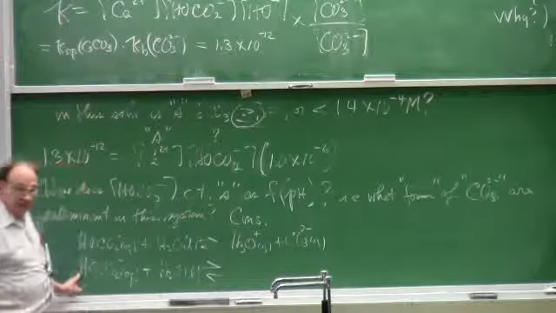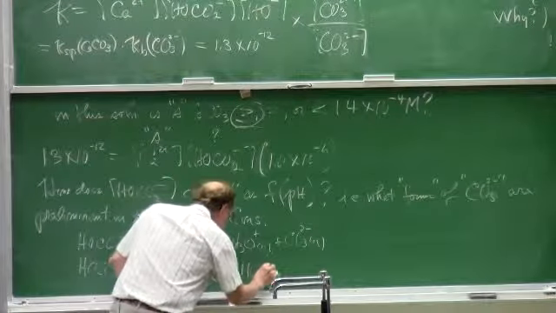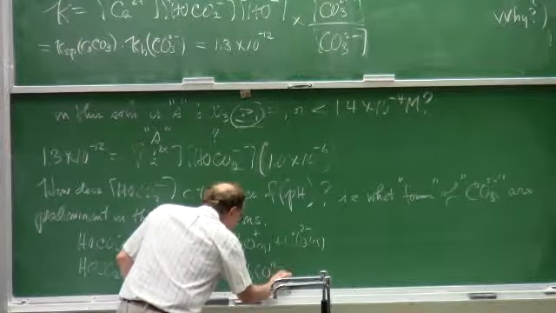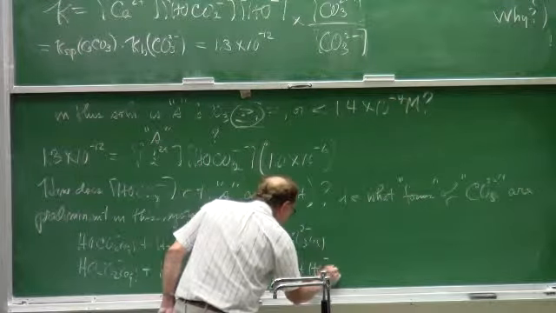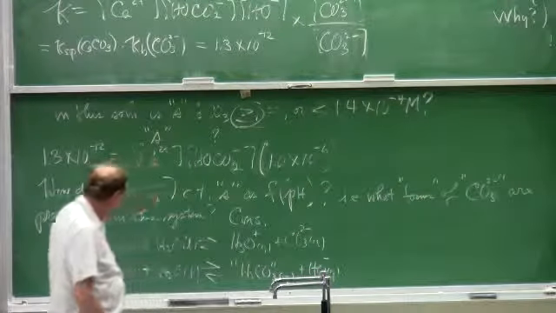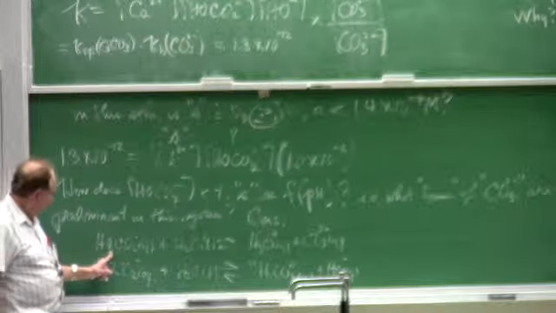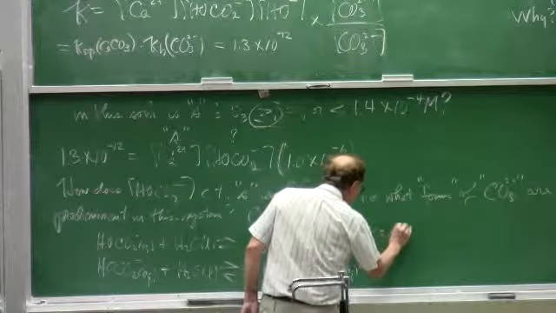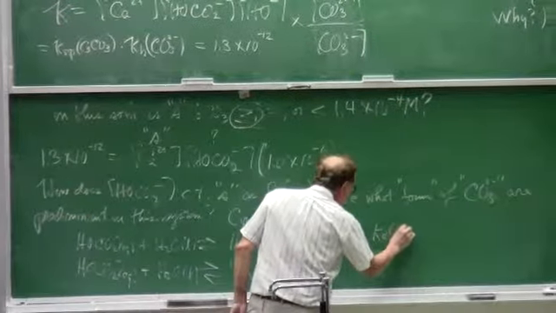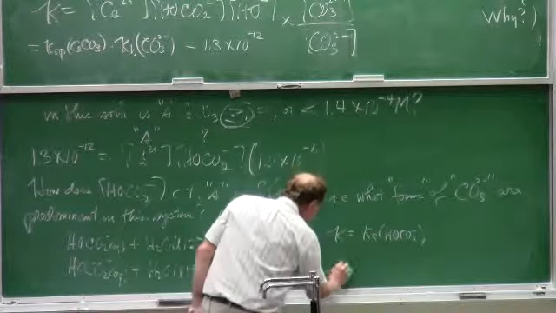And if bicarb behaves as a base, I get H2CO3, quote unquote, because it's hydrated CO2, and hydroxide ion. So we've already recognized from chapter 18, for the first reaction, K is Ka bicarb.